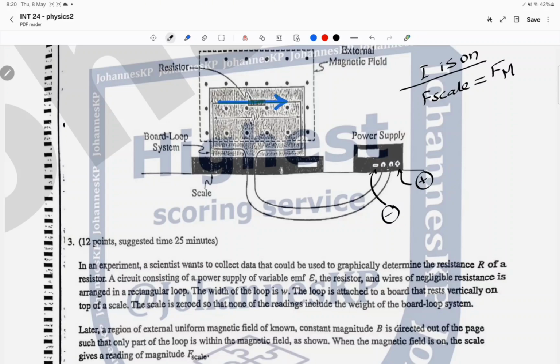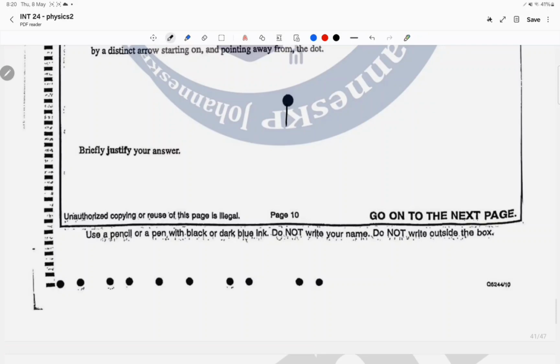So the thumb points right, the fingertips point out of the page, the palm will be to the bottom of the page. Okay? So now the magnetic force is going to be heading downward.